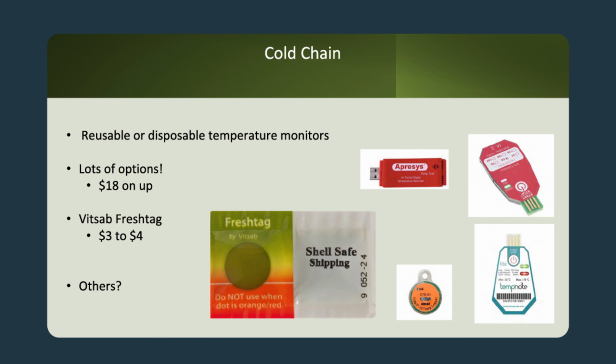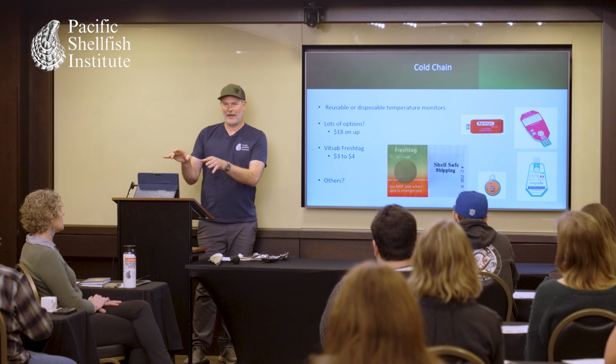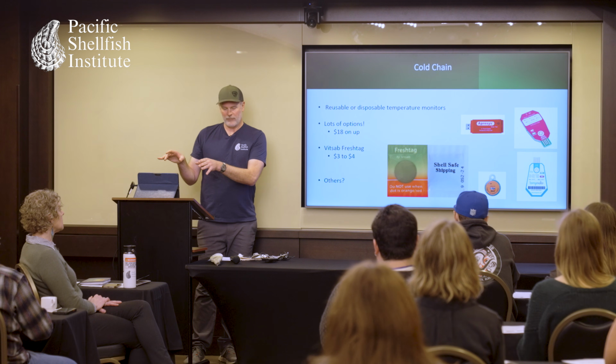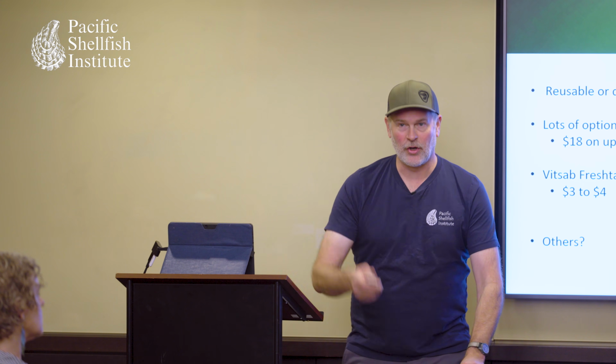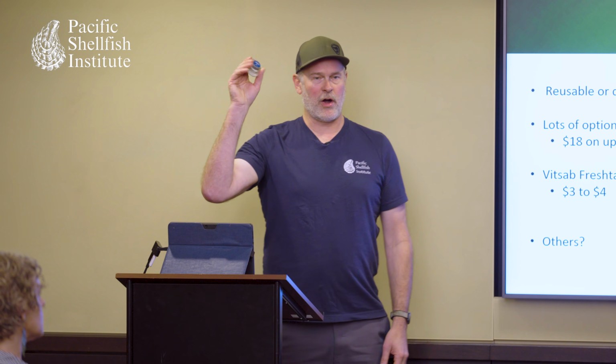So let's go to the cold chain. This is monitoring devices that you put in your product, your bag of product, your cooler or whatever, to track the temperature until it gets to your consumer. So if you're not in control of that, this is kind of a nice thing to have. You can use these Hobo devices. They're waterproof, of course.